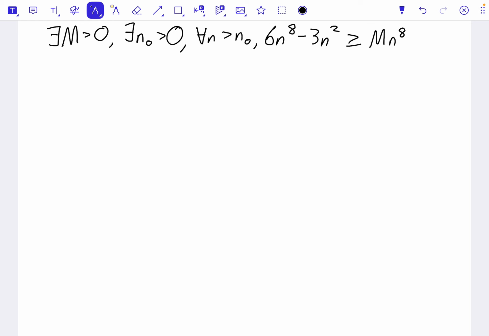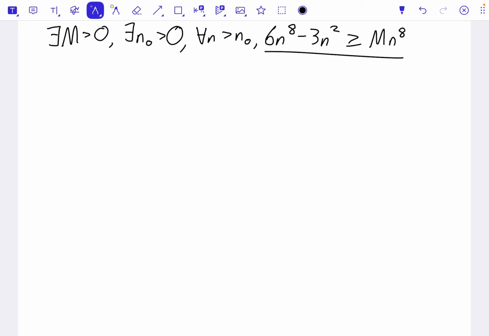If we were to plug this into a graphing calculator, we'd be a little confused at first because the minus n squared is probably going to result in the function on the left being less than the function on the right, but a smart choice of m will resolve that.